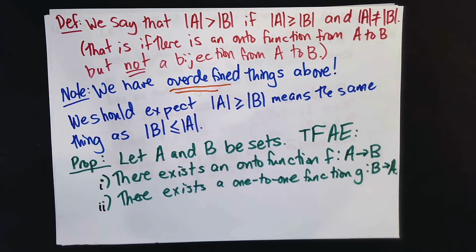So even though their definitions are very, very different, one-to-oneness and onto-ness are, in a way, very closely linked, because it turns out that the existence of a one-to-one function in one direction is exactly equivalent to the existence of an onto function in the other direction, which is not at all something that I think is immediately clear, even after a fair amount of contemplation and a fair amount of work with these definitions.